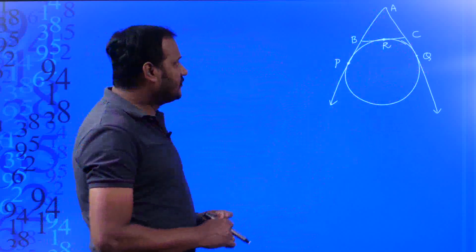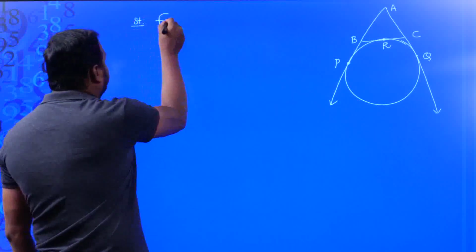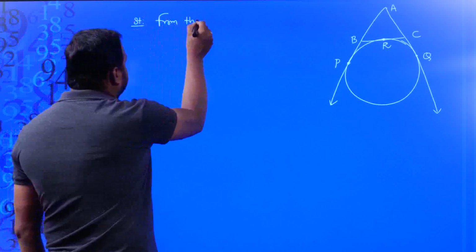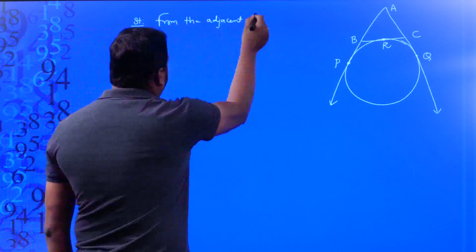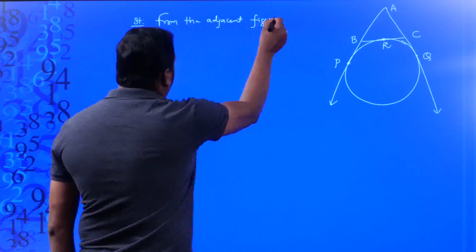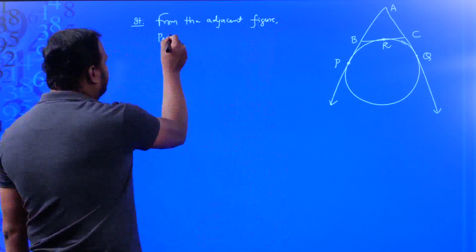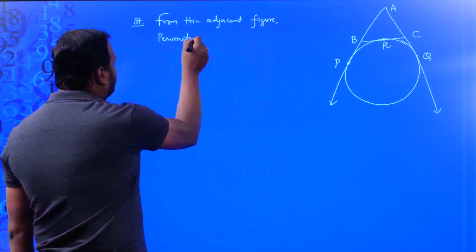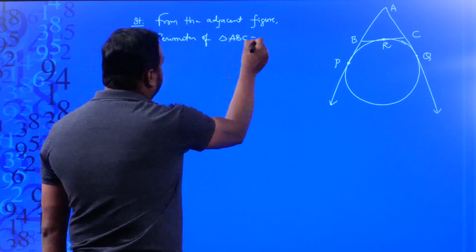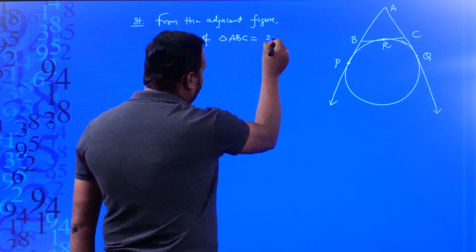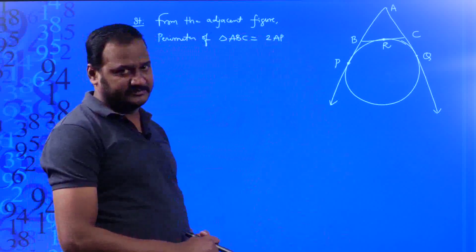So here we are going to prove that from the adjacent figure, we need to prove that perimeter of triangle ABC is going to be 2 times AP or 2 times AQ. That is what we are going to prove.